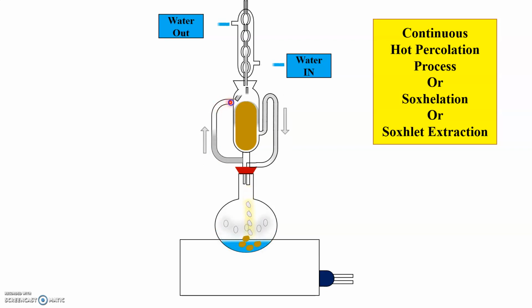They pass through the side tube into the condenser, and in condenser they get condensed into the hot liquid, and they fall on the column of the extractor, column of the drug.